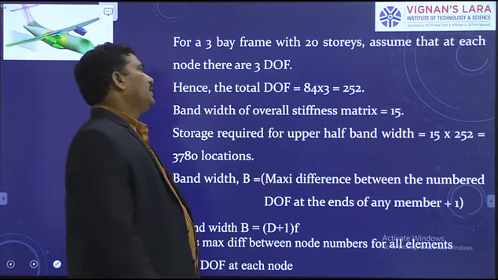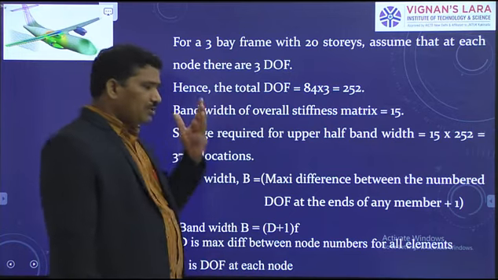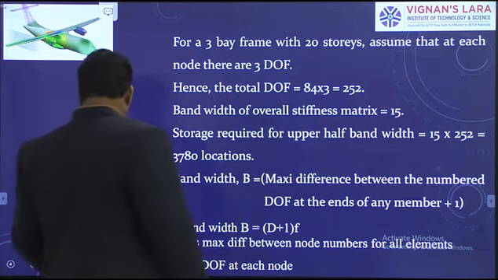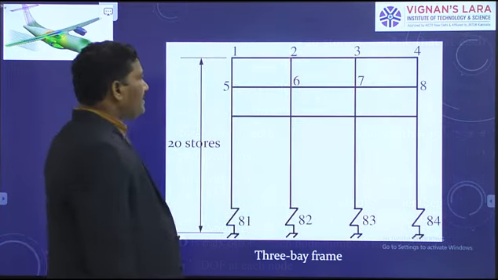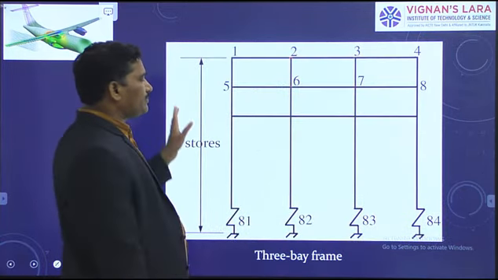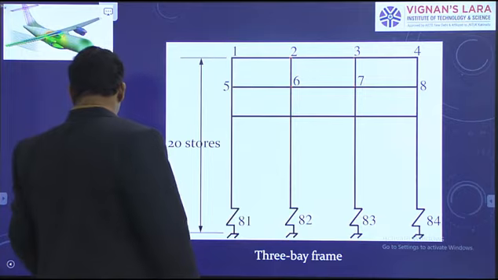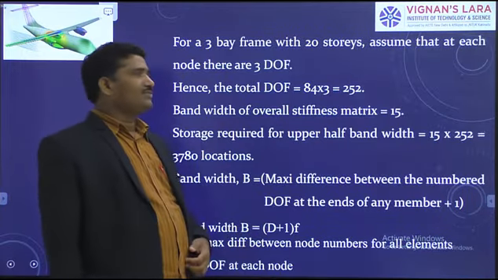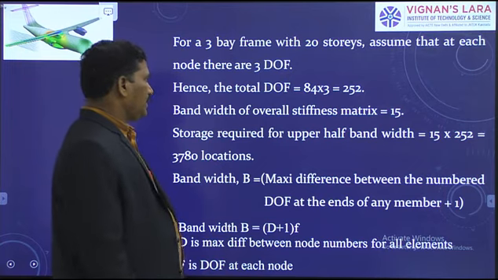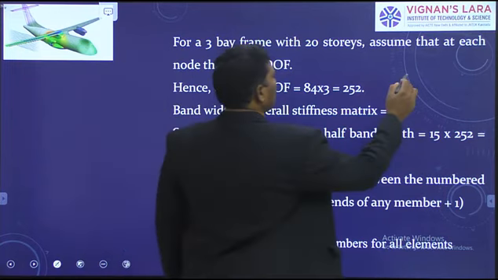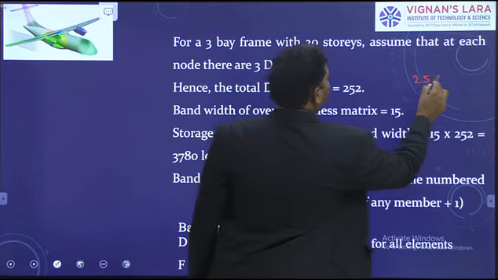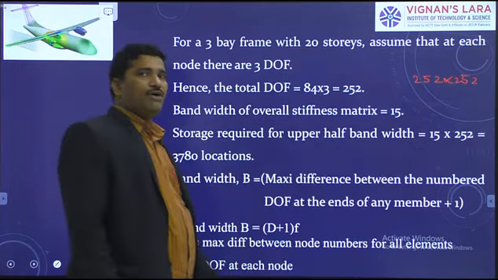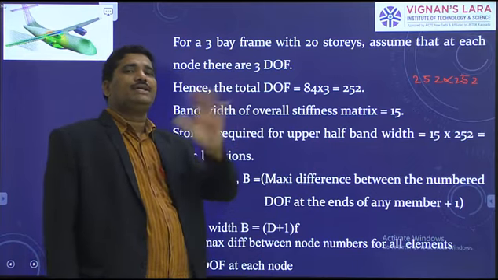Right? So now, if you want to write an overall stiffness matrix for this structure, what is the size of the overall stiffness matrix? The overall size of the stiffness matrix of the structure is simply 252 by 252. That is what we can understand. How we get this, we will understand in the days to come.